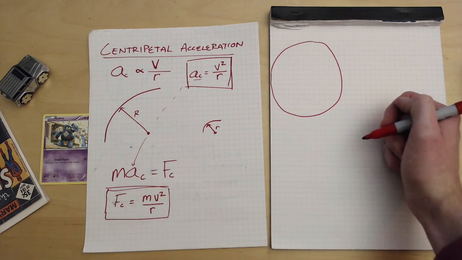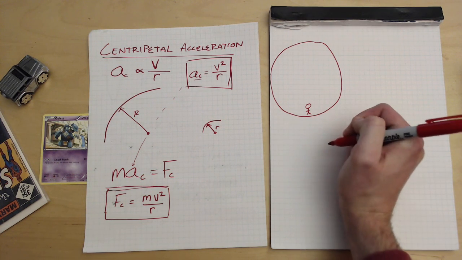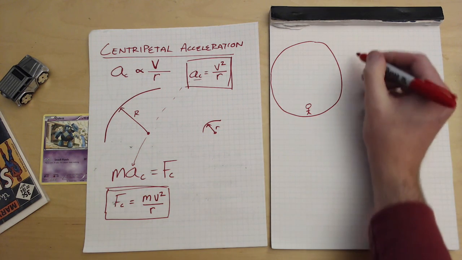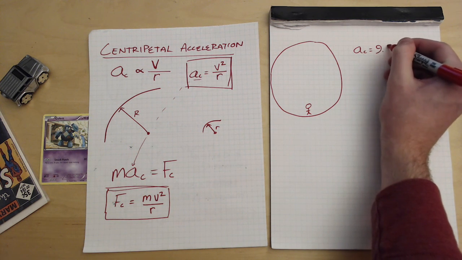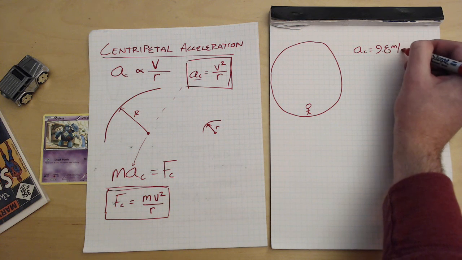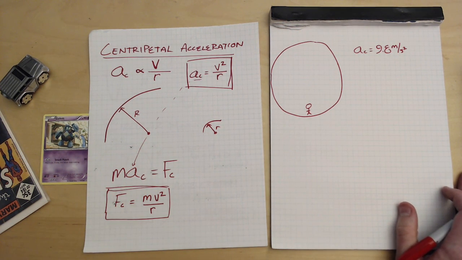So let's say on our space station we want our inhabitants to experience a centripetal acceleration of 9.8 meters per second squared, which happens to be the same acceleration that they would experience if they were on Earth.